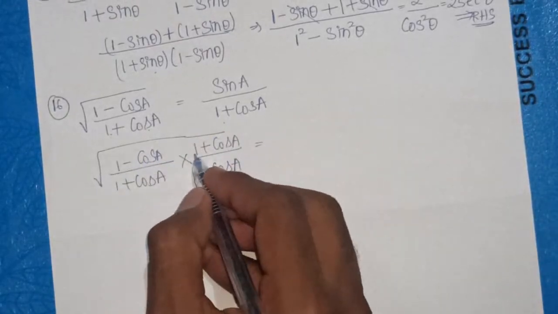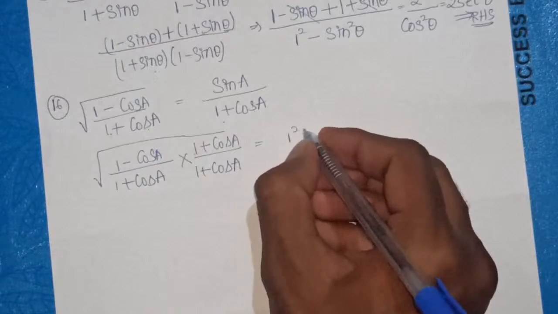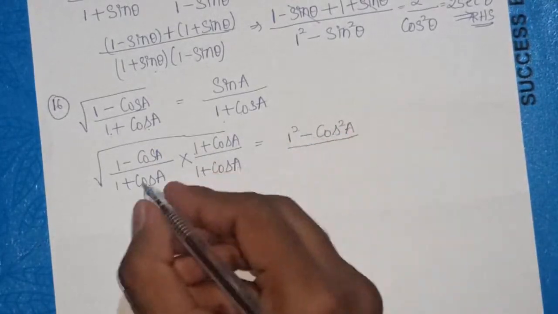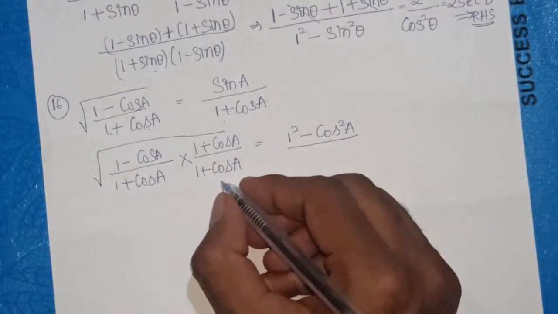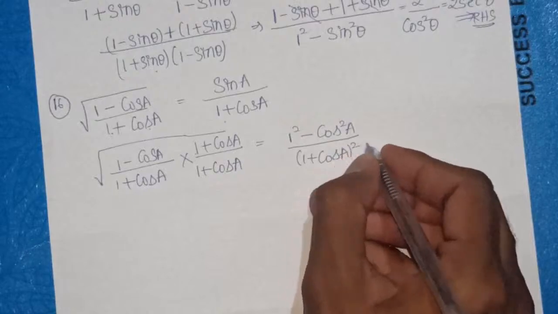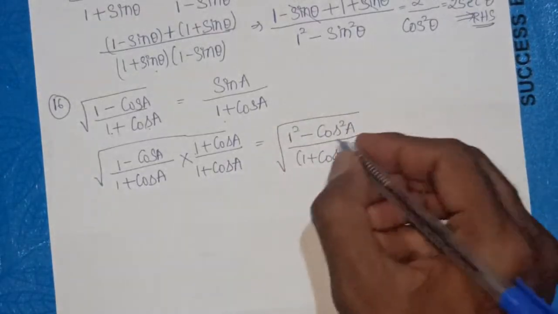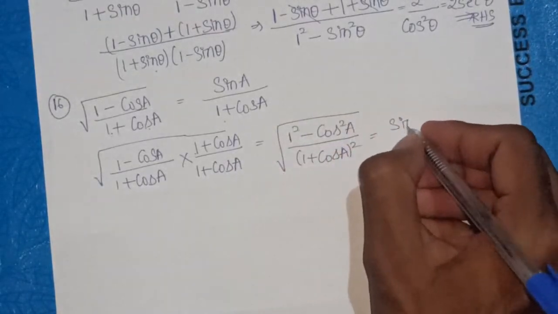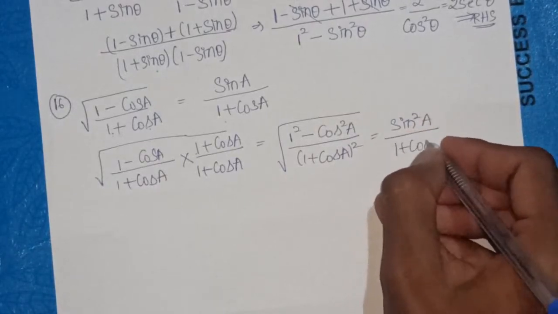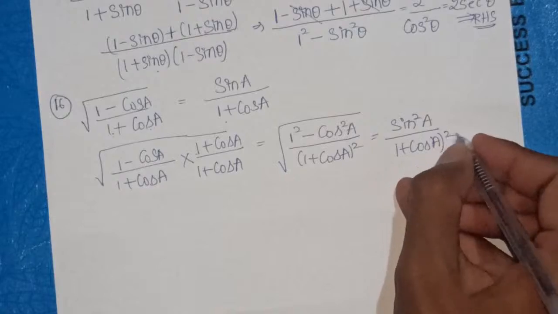Numerator is in the form of a minus b into a plus b. It can be written as a square minus b square, divided by the denominator, which is in the form of a plus b into a plus b, that is a plus b whole square. 1 minus cos square a can be written as sin square a divided by 1 plus cos a whole square.